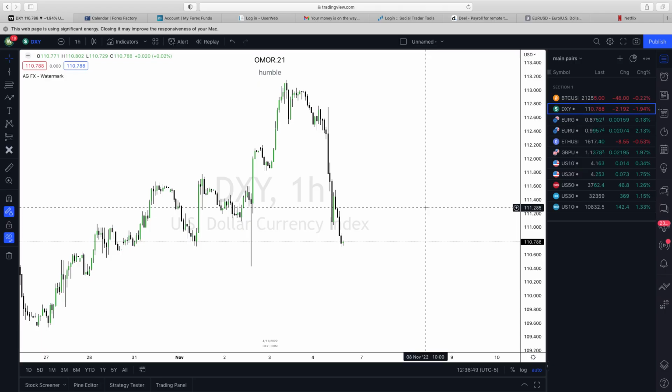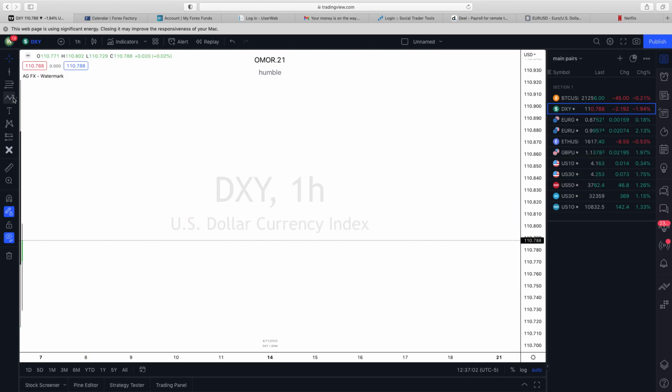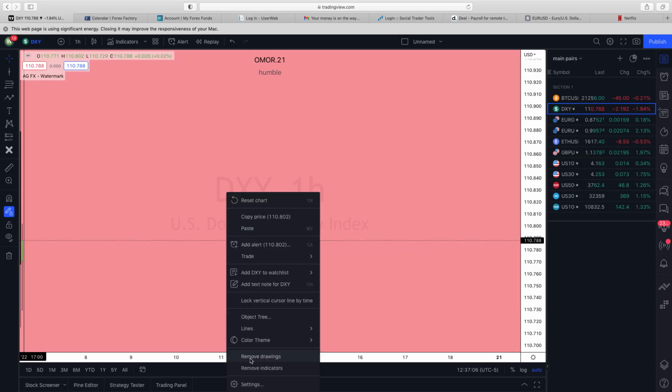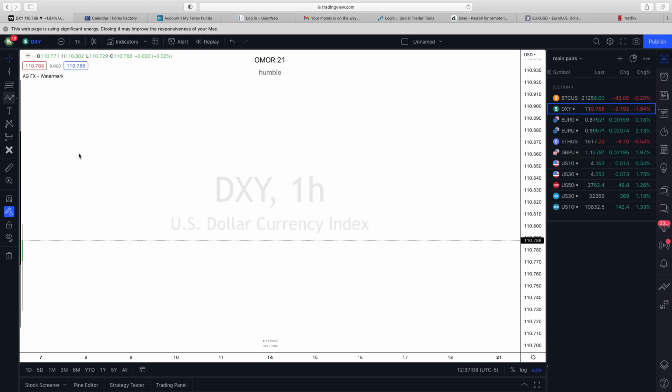The DXY didn't have that run on stops. The DXY showed that it made a higher low, Euro USD made a lower high, but GBP USD made a higher high and then reversed. So essentially, let me draw it out for you so you can understand. Let me remove these drawings. So the DXY, something like this, right?